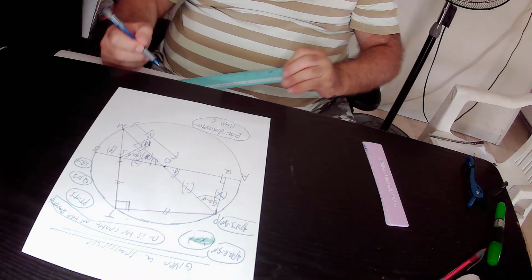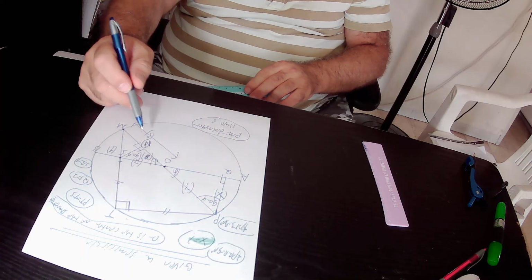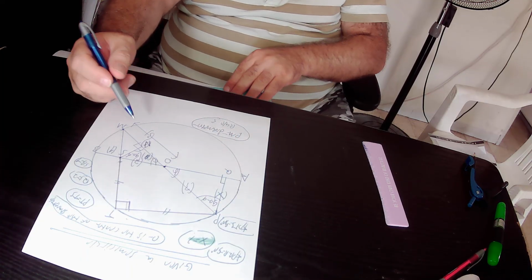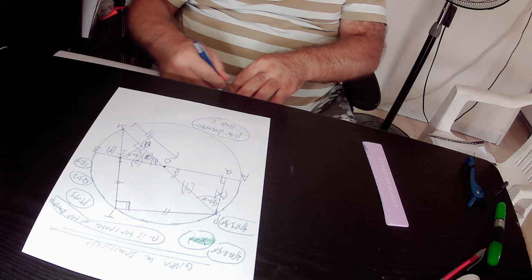And again, from the fact that the right triangle PQO is similar to the small right triangle NSO, we derive that the following relationship exists between their sides.